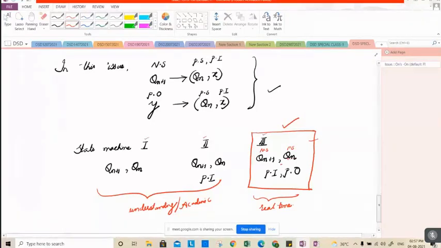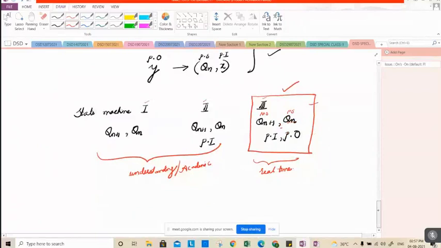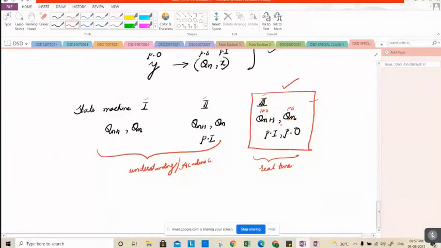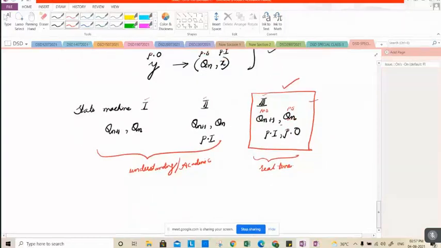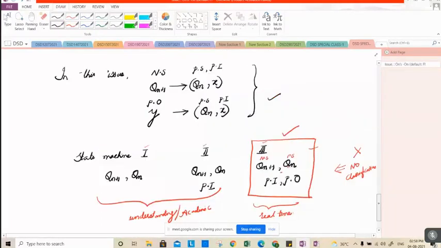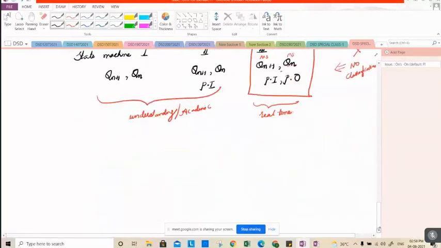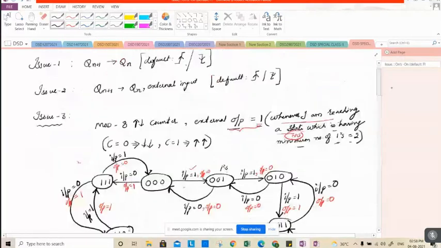Don't start writing that state machines are three kinds: state machine 1 has Qn plus 1 and Qn, state machine 2 has Qn plus 1, Qn and PI, state machine 3 has Qn plus 1, Qn, PI and PO. Don't remember that and don't do that classification. I only said it so that you understand. Don't memorize it or write it anywhere. Is it clear for everyone?